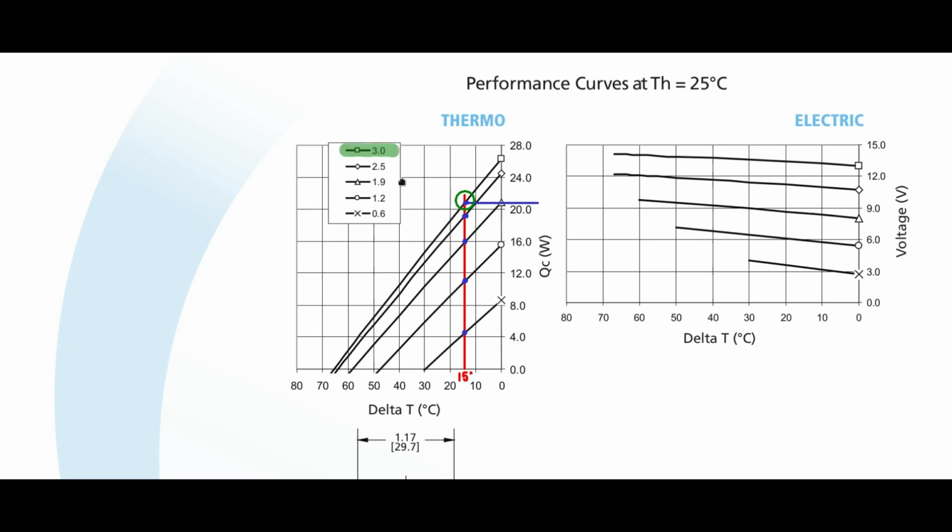and you should pass around 3 amps of current through the Peltier junction, so that it has enough energy to lift this QC amount of heat flow and pass it on to the heatsink.